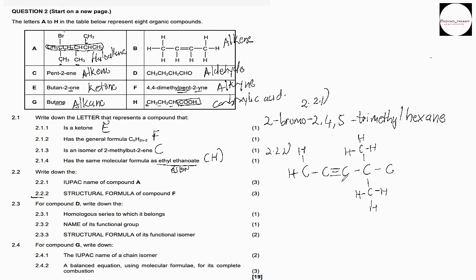So here we cannot fill in the hydrogens because look, 1, 2, 3, 4, it's already complete. Then we have to fill them here. So that's the structural formula of 4,4-dimethylpent-2-yne. And then let's proceed to 2.3.